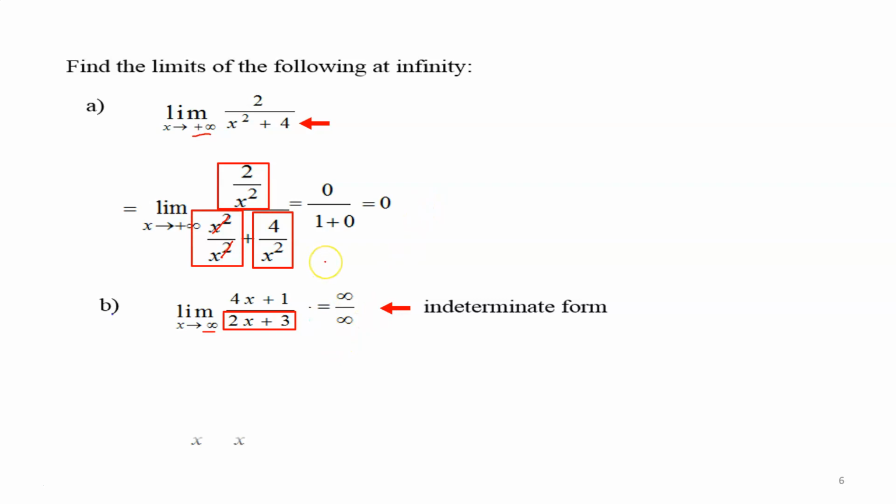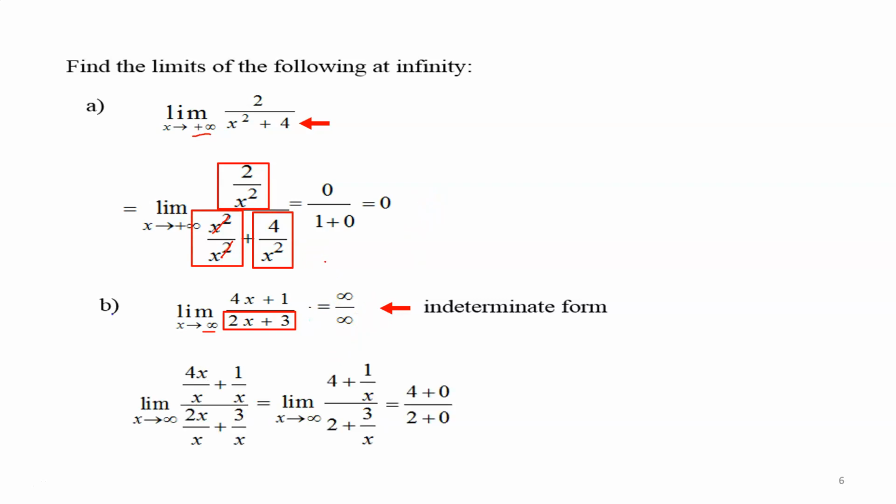But how about this? For this one, you have the limit of 4x plus 1 over x plus 3. So when you substitute this value of infinity into this x, you get infinity over infinity. So this is another indeterminate form.